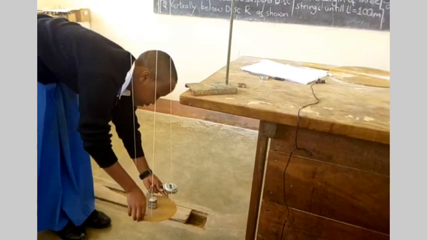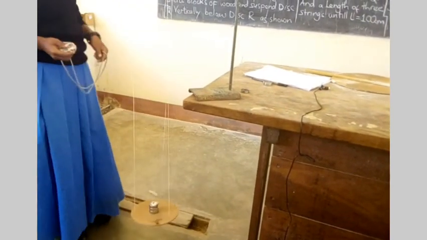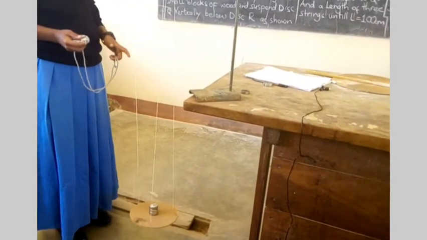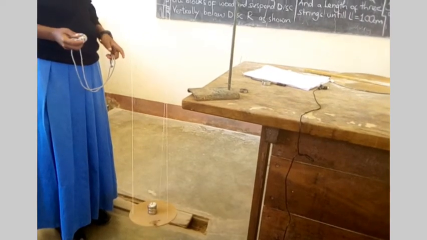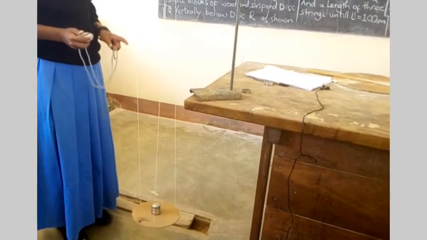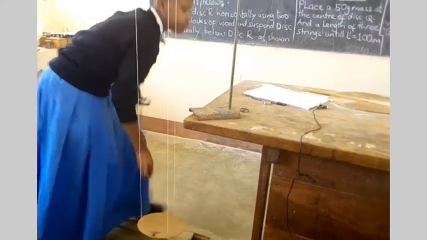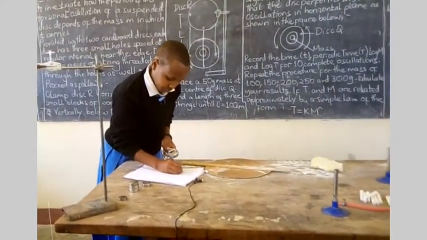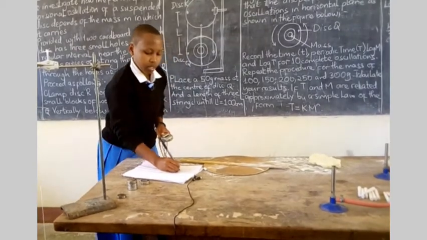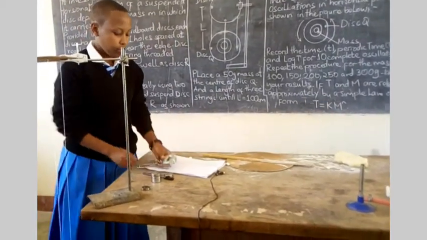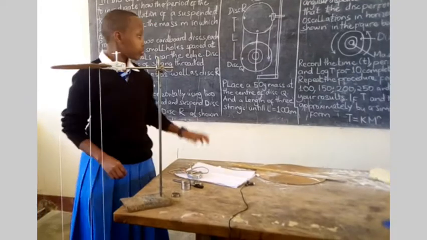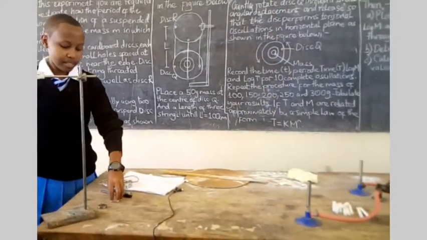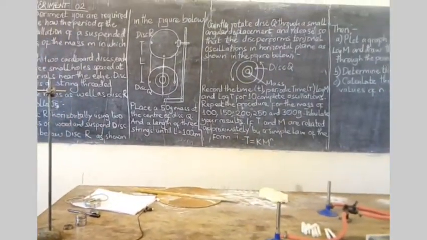We displace our disk. As you can see, we have obtained the time taken by these masses to complete 10 complete oscillations.